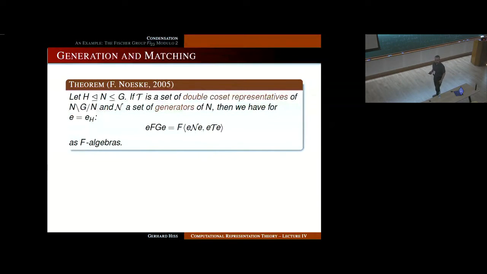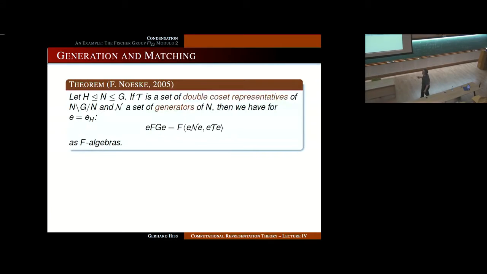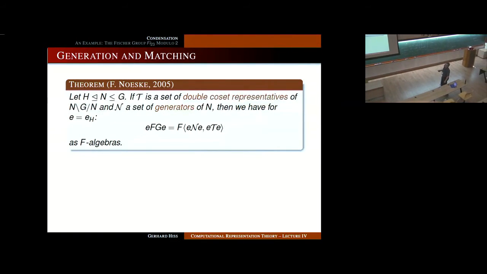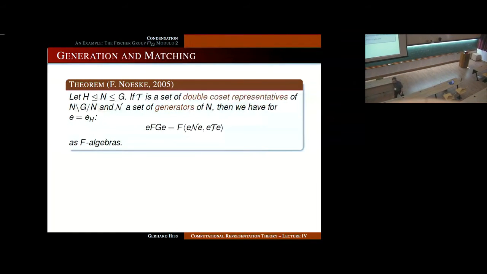But there is a special situation where this can be done. This was done by Felix Nöske in his PhD thesis. Suppose your condensation subgroup H has a large normalizer: H is normal in some N, and N may be a maximal subgroup. This happens if you want to condense in the monster modulo an odd prime.